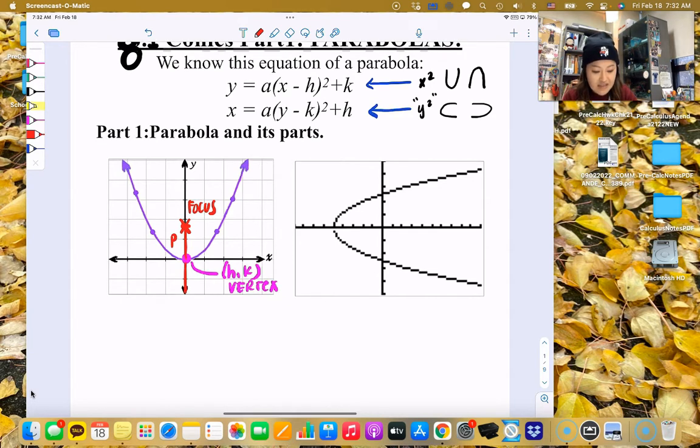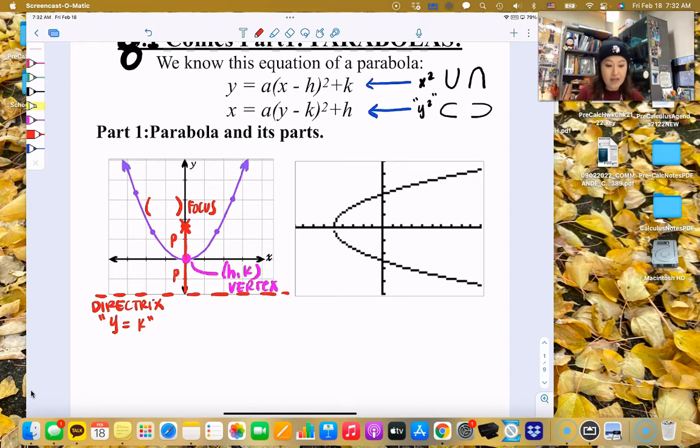If you back it up the same amount as P, down, this line here is called a directrix. Directrix. Okay? And the directrix is a line, so in our case, with the parabola going this way, it's going to be a y equals something line, okay? Y equals, oh, sorry, I'm not going to put an x there. I'm going to say y equals some value of k, some line, okay? And you're right, the focus is actually a point, okay? And we're going to discuss all that.